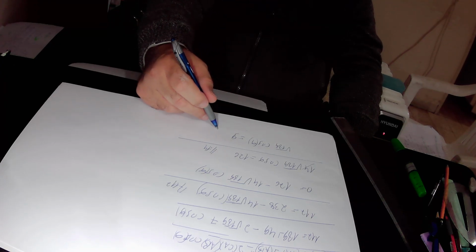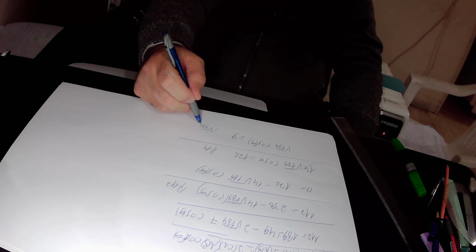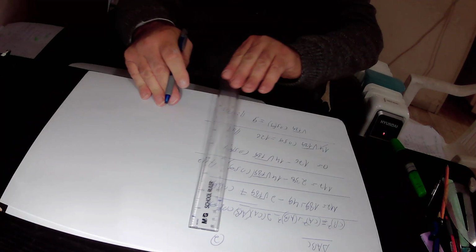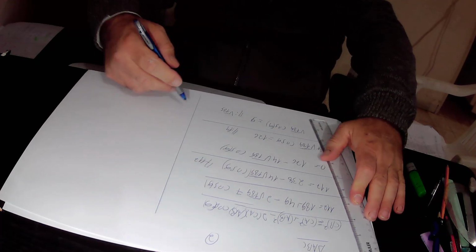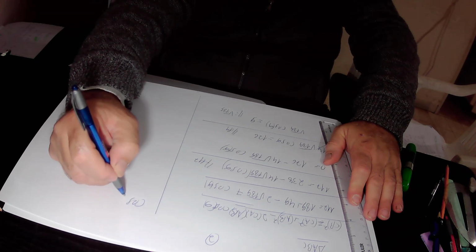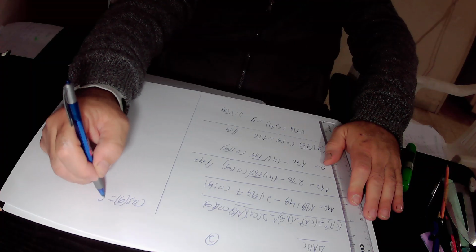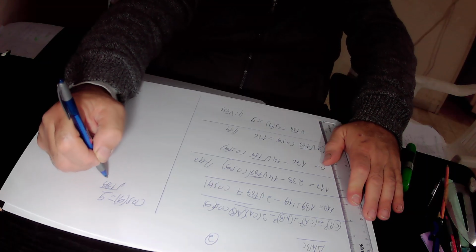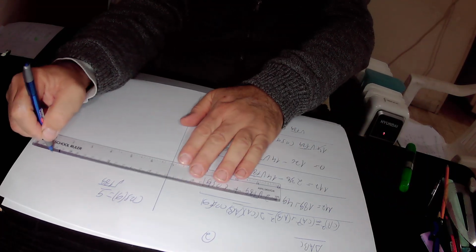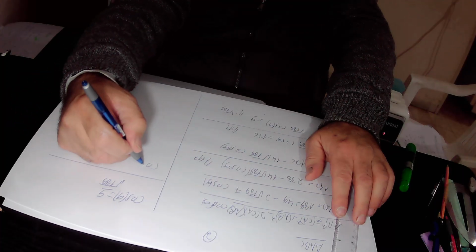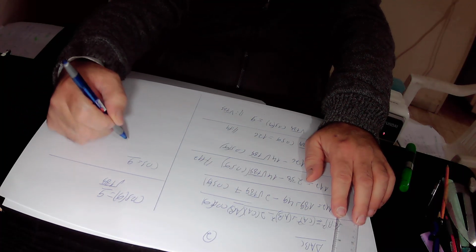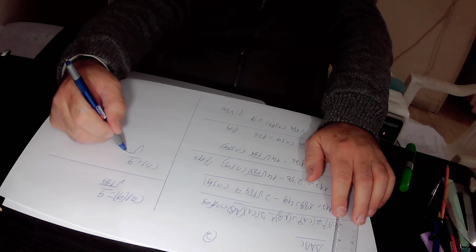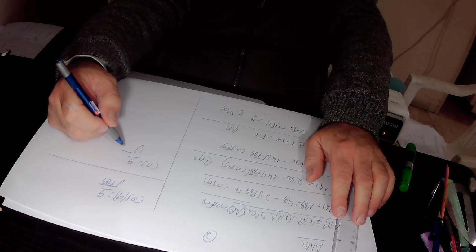Here we divide this equation by the square root of 189, and finally get that cosine alpha equals 9 over the square root of 189. So cosine alpha equals 9 over the square root of 189. We substitute 189 by 9 times 21.